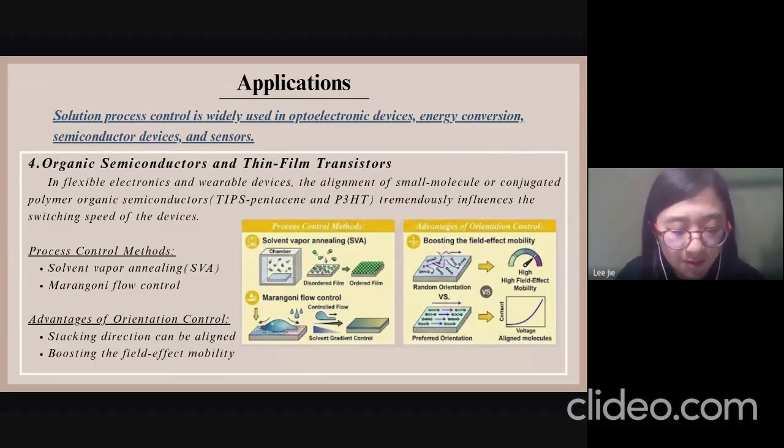Process control method: solvent vapor annealing, which uses specific solvent vapor to moderately swell the deposited organic thin film, increasing molecular mobility to rearrange into a more ordered crystalline structure.